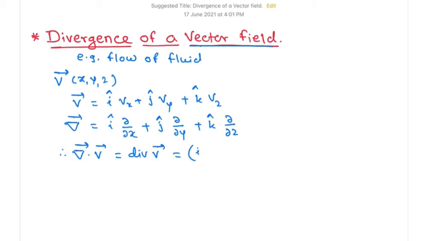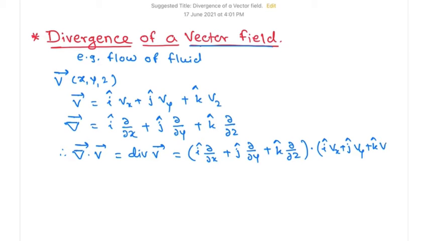First bracket we write unit vector i ∂/∂x plus unit vector j ∂/∂y plus unit vector k ∂/∂z, dotted with vector v, unit vector i vx plus unit vector j vy plus unit vector k vz.